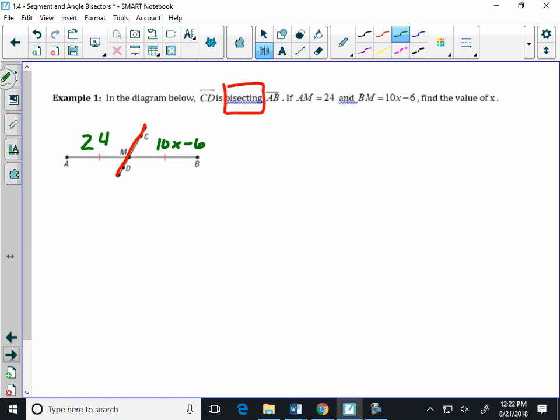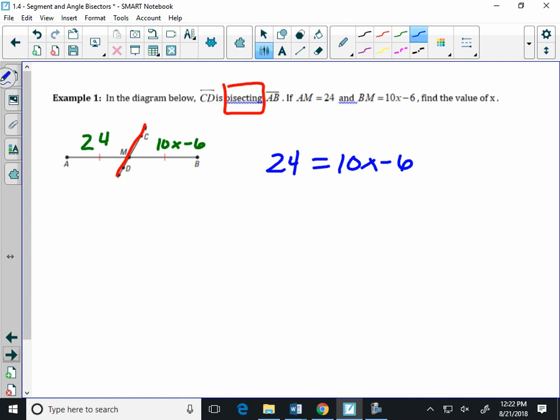Okay, so we have to figure out, well, how can I set up an equation using the info they gave me? They gave me the fact that we have a bisector. Good. You're just going to set them equal to each other. Excellent. Because we just talked about when something bisects a segment, you're cutting that segment in half.